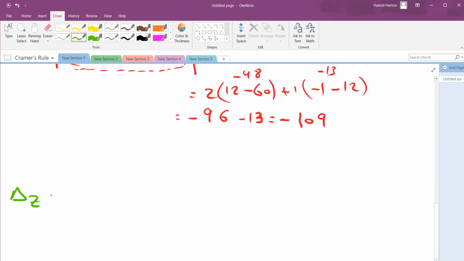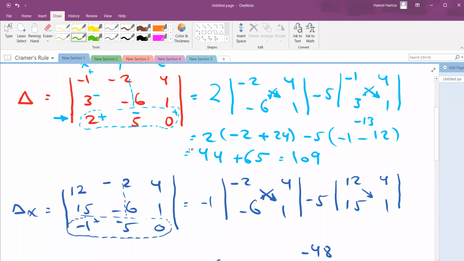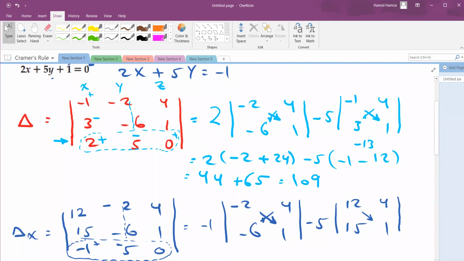Delta z equals, we will keep these two rows.